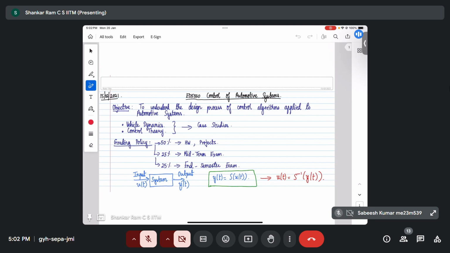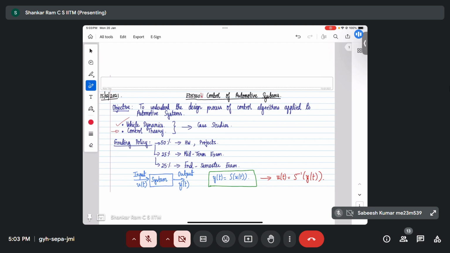So this course ID is ED533D0W, and it's called Control of Automotive Systems. The overall objective is for us to motor course, and this course builds on two important things: vehicle dynamics, which all of us have already learned, and control theory, which we are going to learn in this particular course.